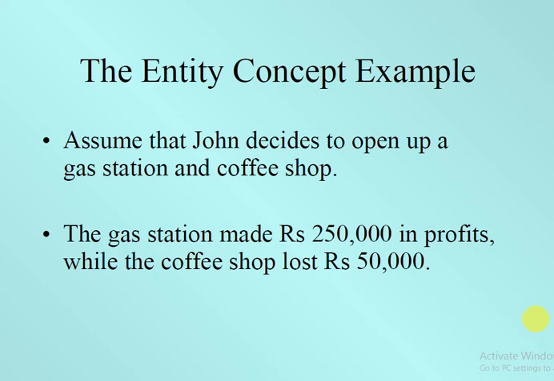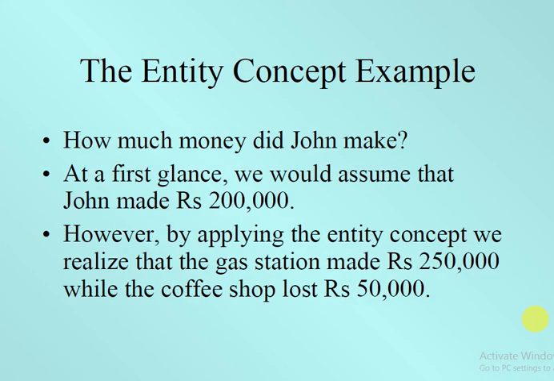Assume that John decides to open up a gas station and coffee shop. The gas station made rupees 2,50,000 in profits, while the coffee shop lost rupees 50,000. How much money did John make? At first glance, we would assume that John made rupees 2 lakh.